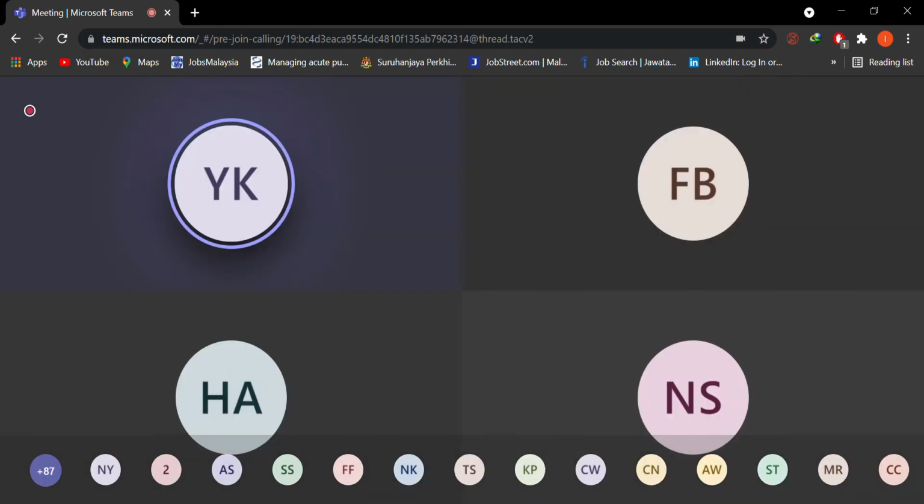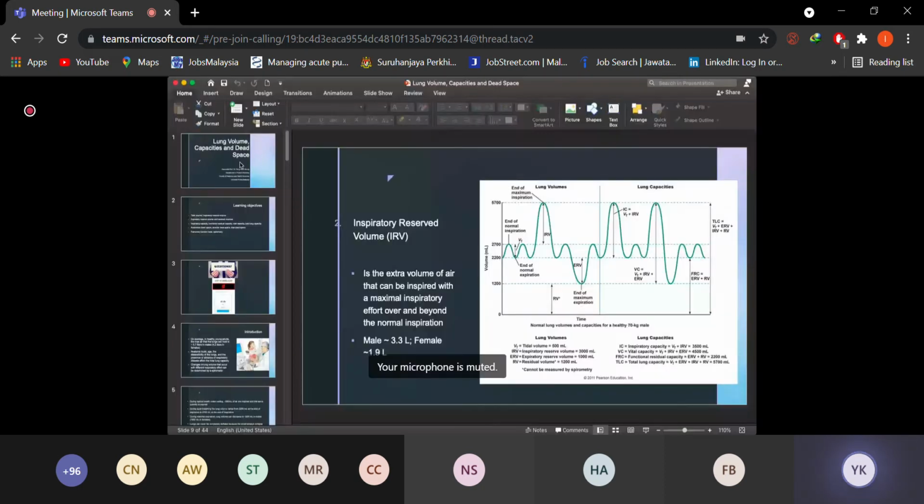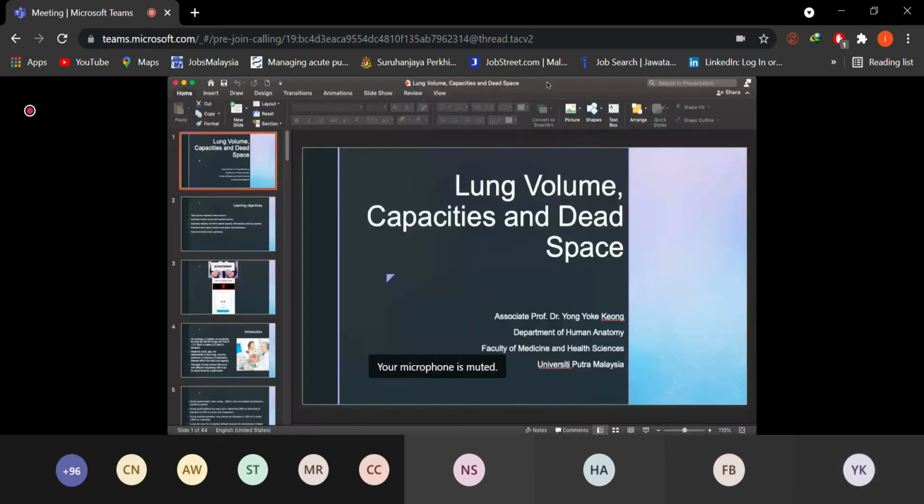So next, we continue with the next lecture. I will proceed with lung volume and capacity, because once you learn this, the next lecture is all about transporting: oxygen transport and carbon dioxide transport. Those two should be linked together and cannot be separated.